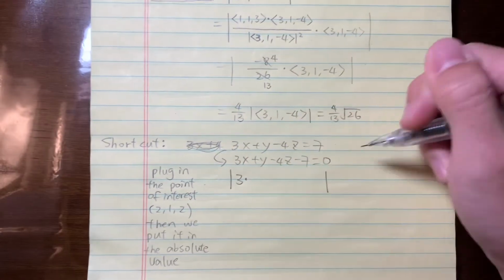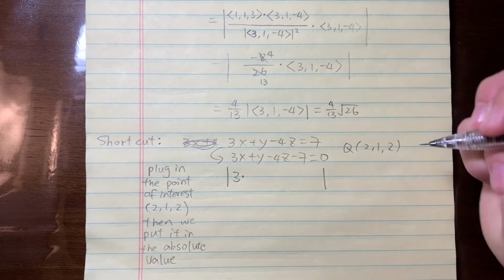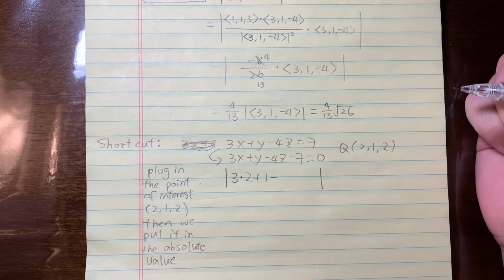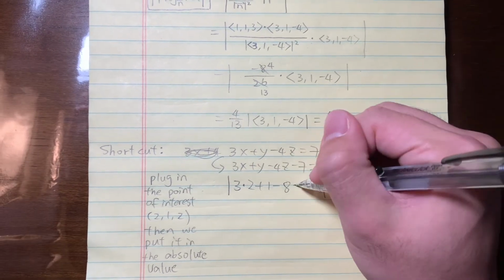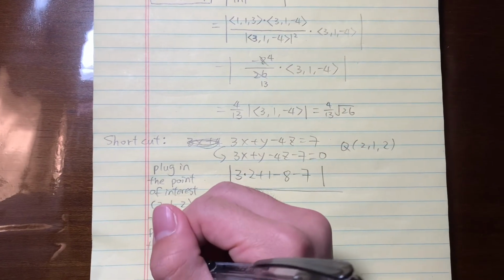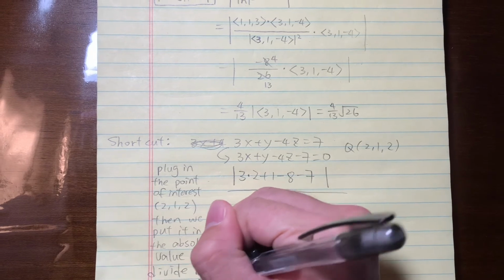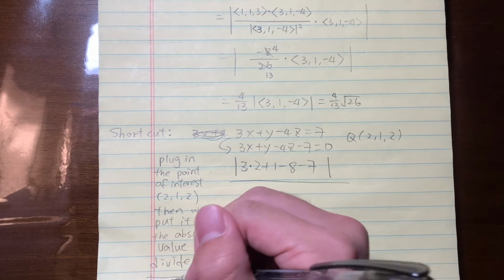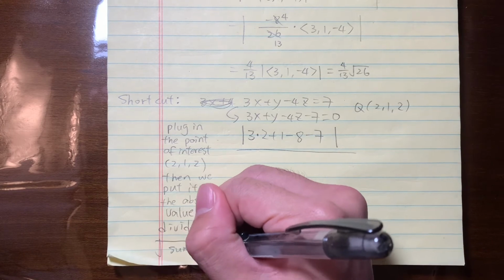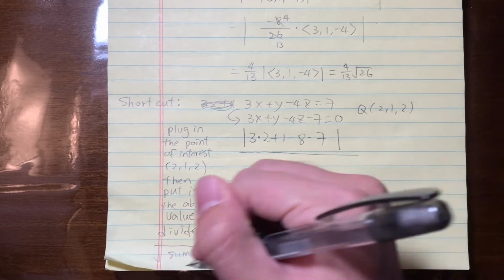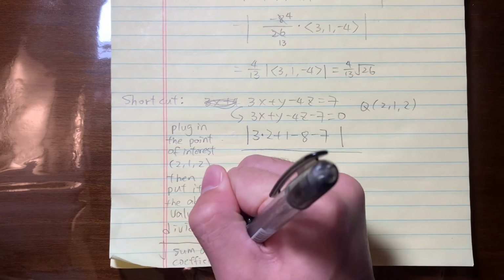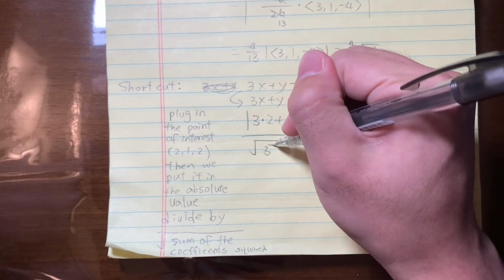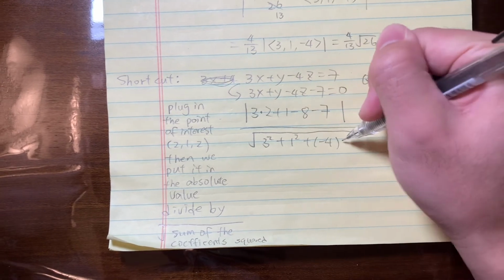So 3 times the point Q, 2, 1, 2. 3 times 2 plus 1 minus 8 minus 7, all over, and then I divide by the square root of the sum of the coefficients squared, which in this case means 3 squared plus 1 squared plus negative 4 squared.